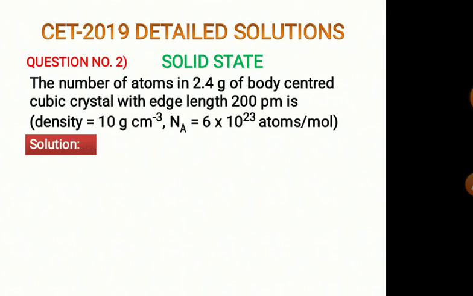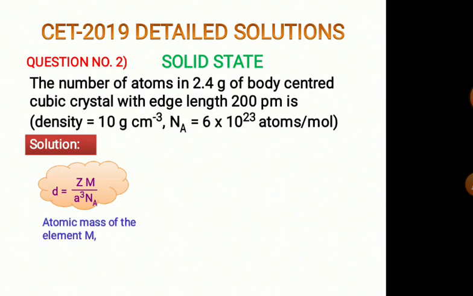So solution. We know that 200 picometer is given, density is given. By using this density, we will calculate M. So M contains Avogadro number of atoms, so 2.4 grams has how many? That is the way we have to calculate.